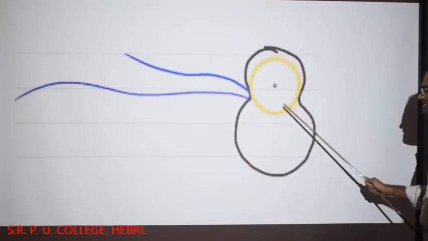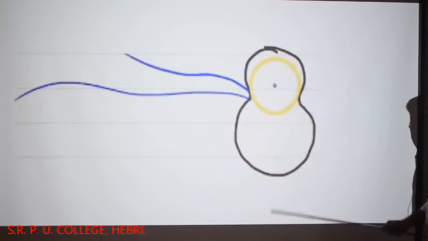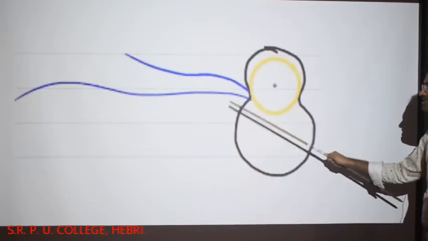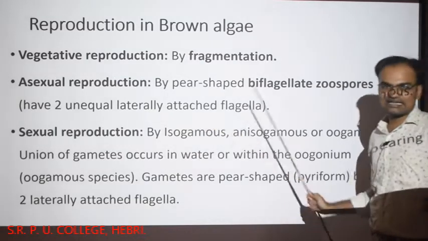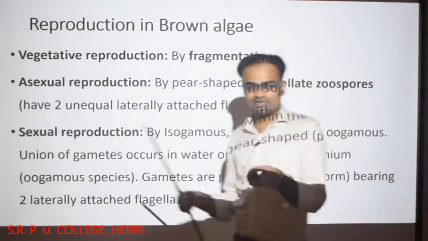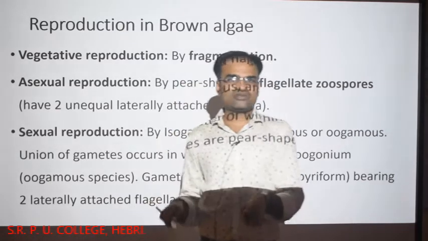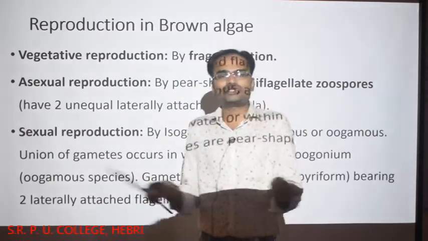It is smaller in size, and the basal portion is somewhat swollen. And we can have two flagella, which are laterally attached. What do you mean by lateral position? For example, we have our hands in the lateral position of our body.